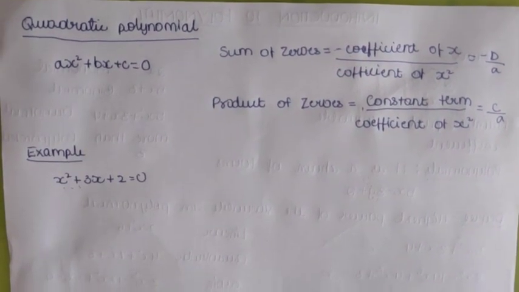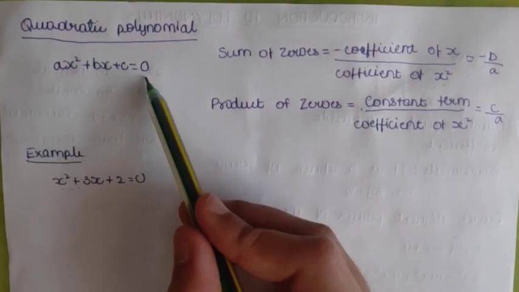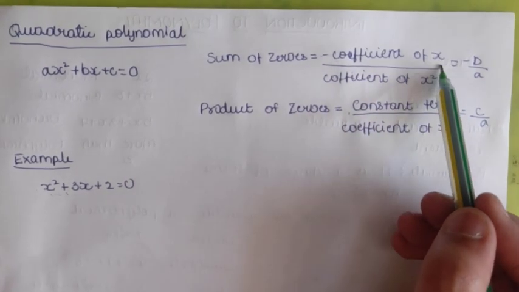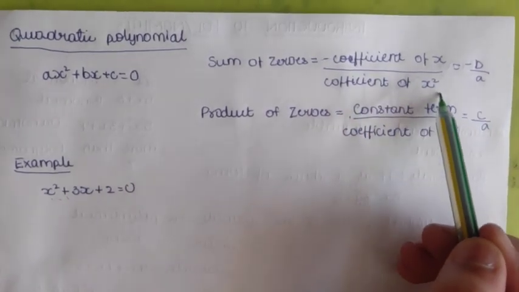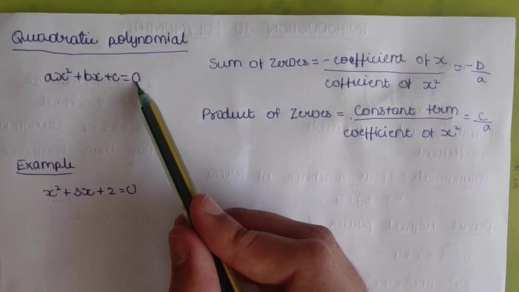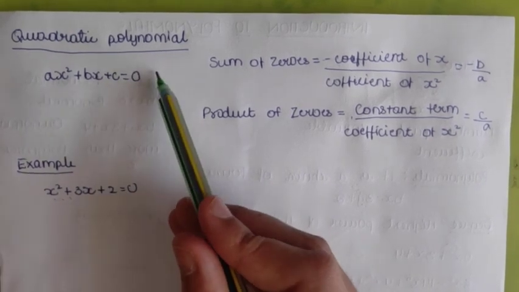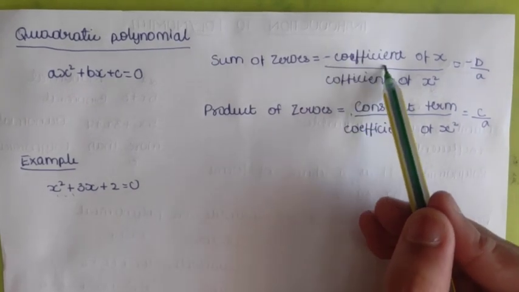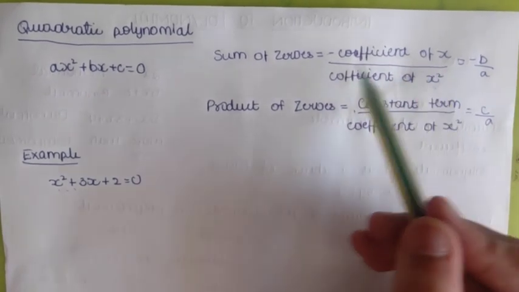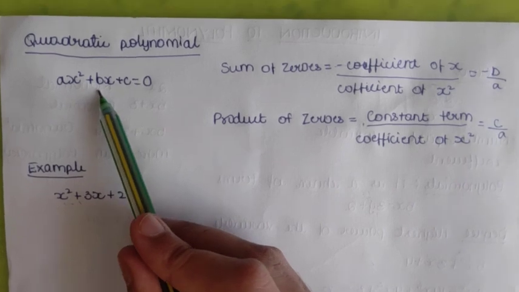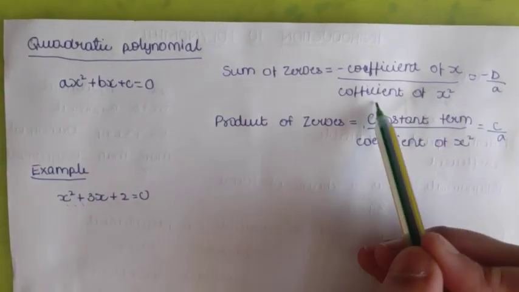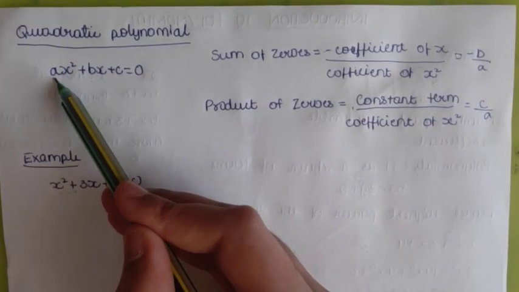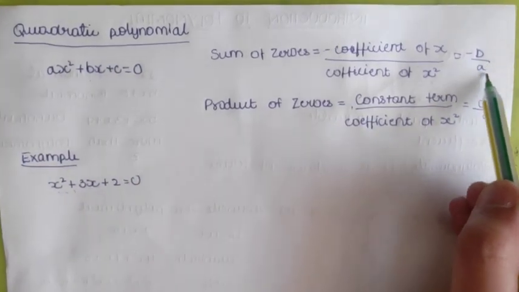When we add these 2 zeros, it will be equal to minus coefficient of x by coefficient of x square. The coefficient of x is b, so that becomes minus b, and the coefficient of x square is a, so that becomes minus b by a.